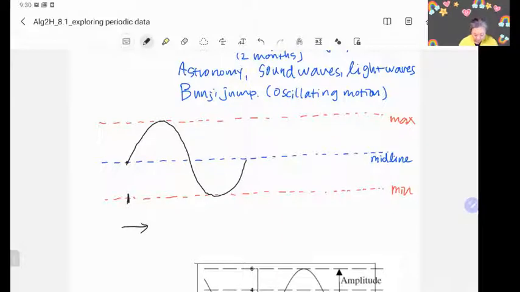Now from the starting point, coming back to the same position that it started, this is one repetition of that motion. It has to repeat exactly the same. So we measure the time period it took to complete the revolution, and it's going to have exactly the same time period there.